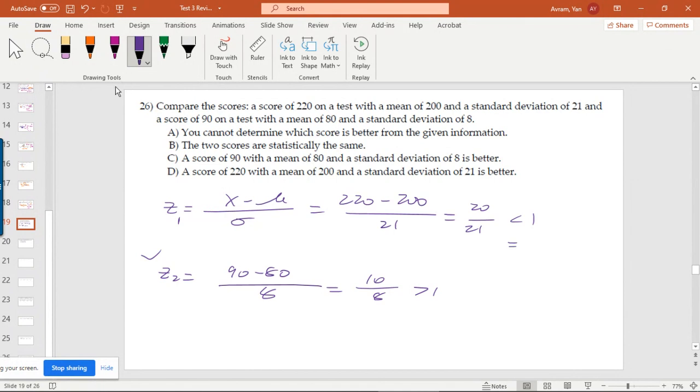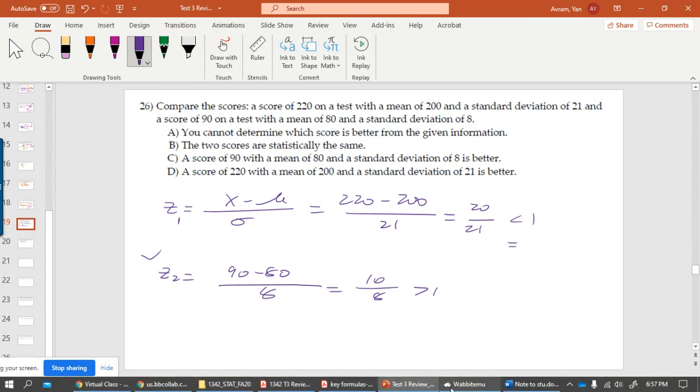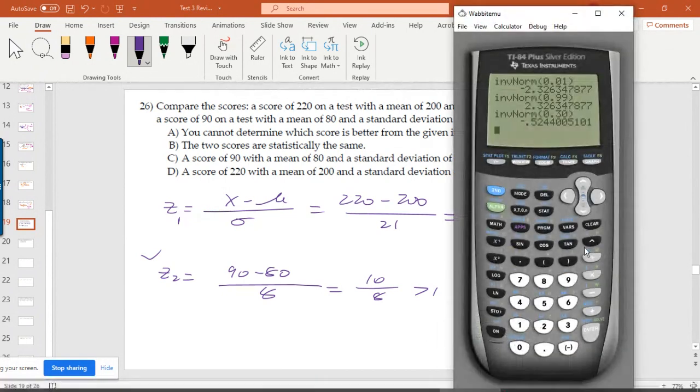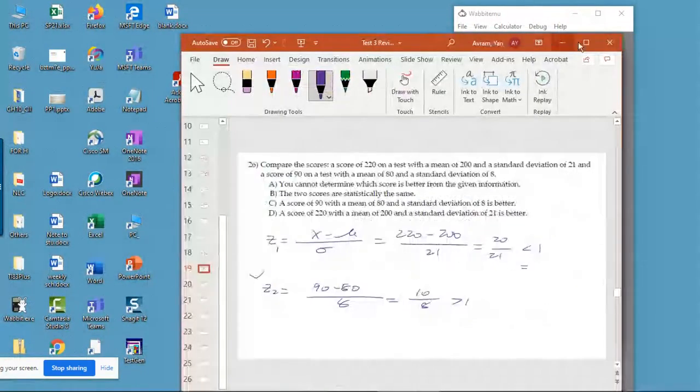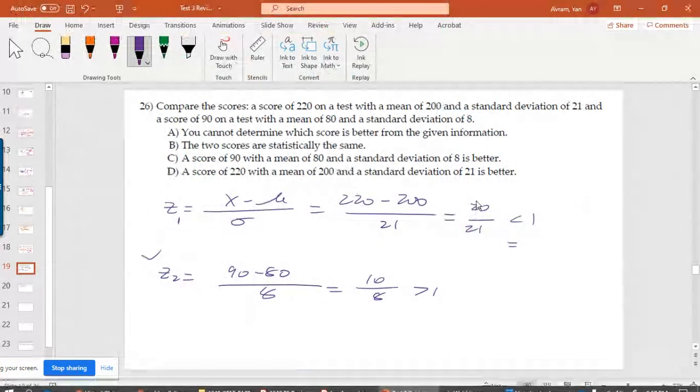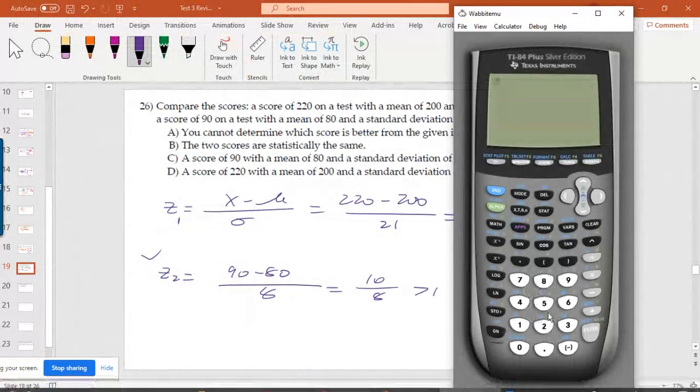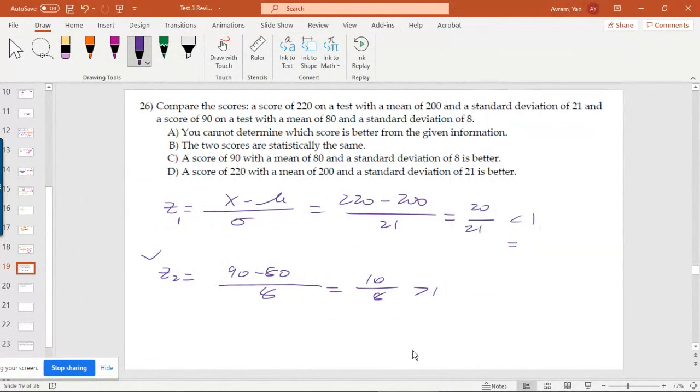Of course, you can calculate the real number, but if it doesn't ask for the number, I already know which one they did better on, right? I'll just look at this number, 20 divided by 21, that's 0.95. Okay, but if I look, the numerator is less than the denominator, so I know this will be less than 1, right?